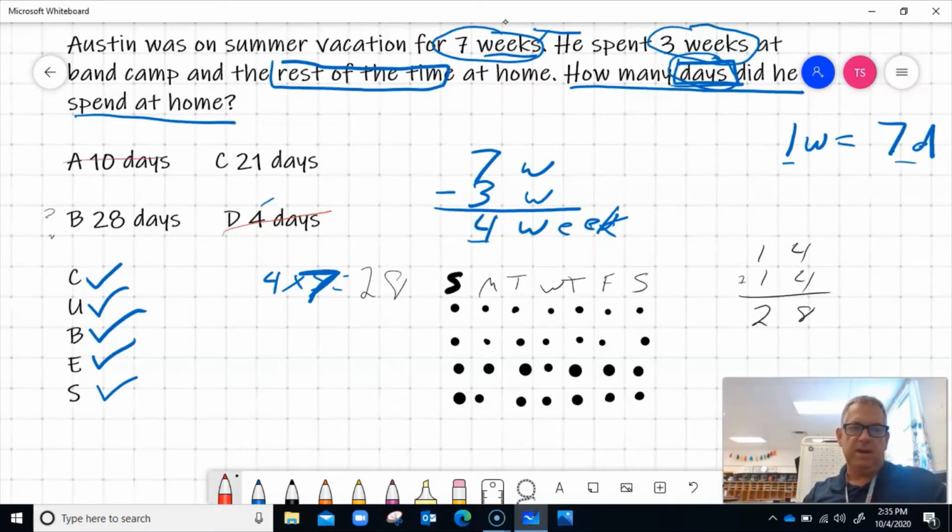Can eliminate that. And if I multiplied 7 times 3, I know 7 times 3 is 21. So each one of those answer choices was put there to kind of mess with us a little bit. So the correct answer would be 28 days, because 7 times 4 is 28.